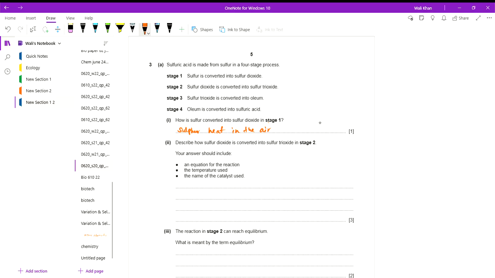Describe how sulfur dioxide is converted into sulfur trioxide in stage 2. Your answer should include the equation of the reaction, the temperature used, and the name of the process. So write down the equation.